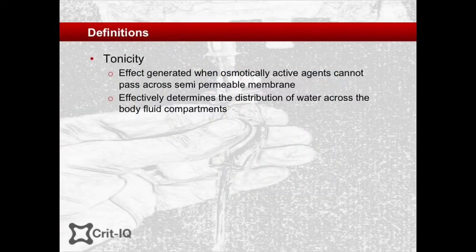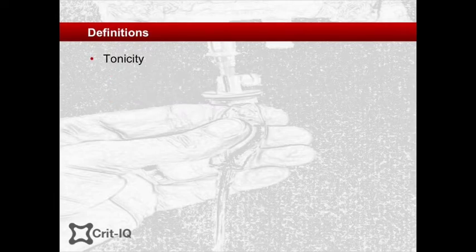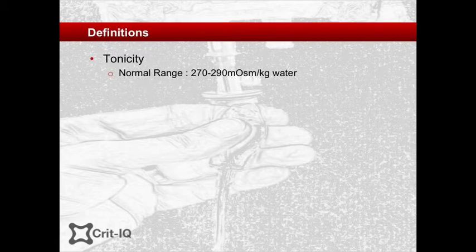When osmotically active particles cannot pass across a semi-permeable membrane, they are then able to generate an osmotic effect on the fluid. Tonicity, therefore, effectively determines the partitioning of water between the compartments, such as the intra- and extracellular fluid spaces. The normal osmolality of extracellular fluid is 270 to 290 milliosmoles per kilo.